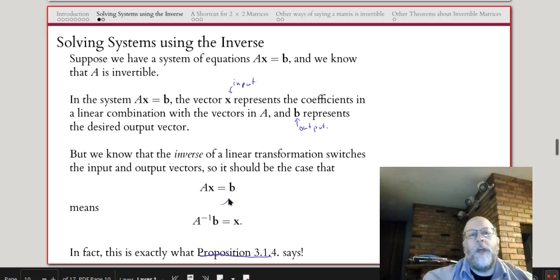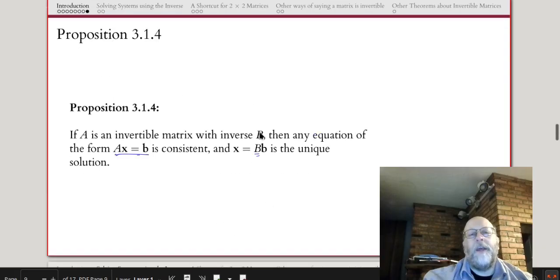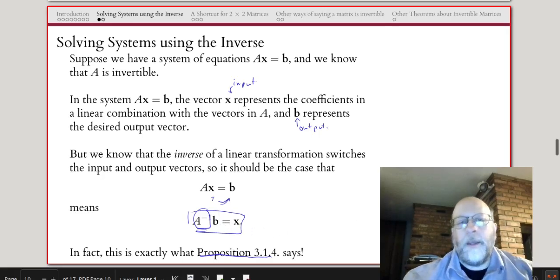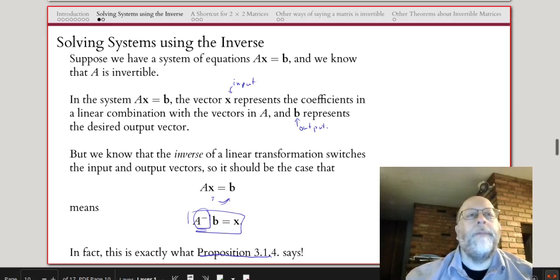And so if we switch the b and the x, then we should be getting the inverse of the transformation. And that's exactly what the end of 3.1.4 says, because A inverse is the matrix B. So B times little b, or A inverse times little b, gives us x. All right?